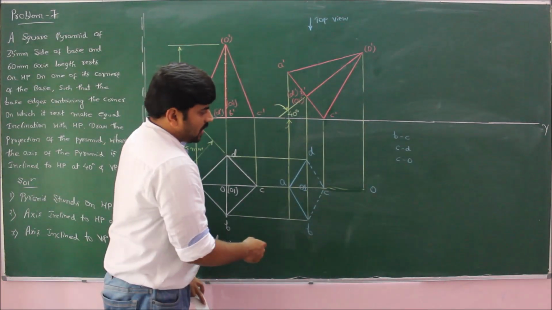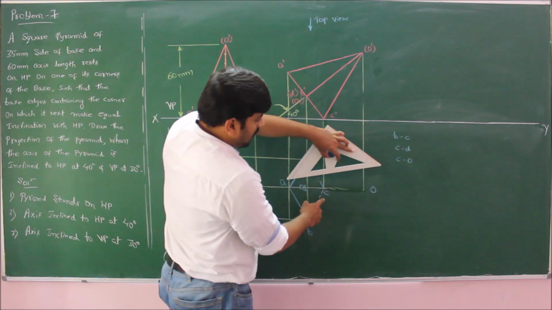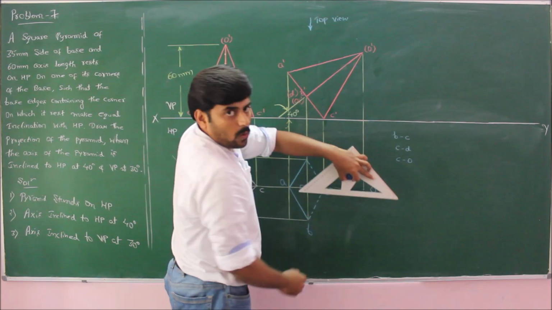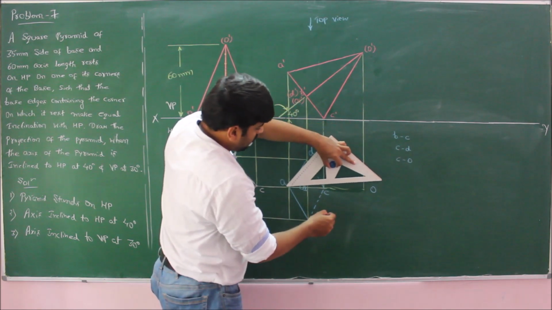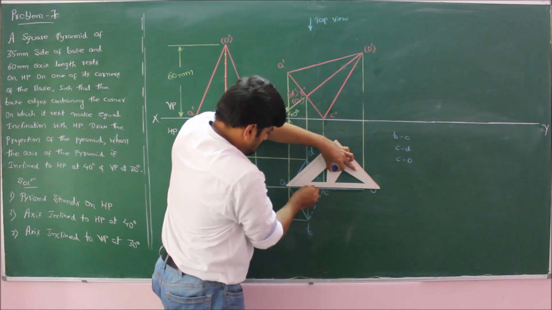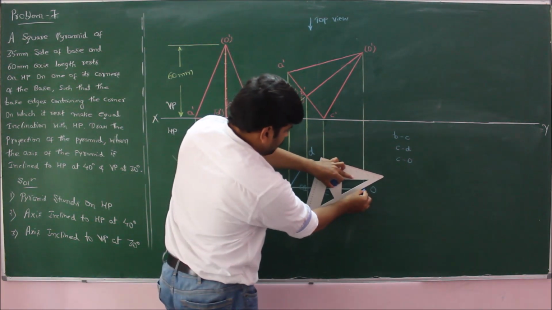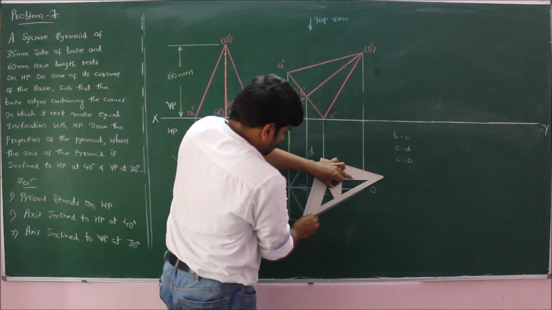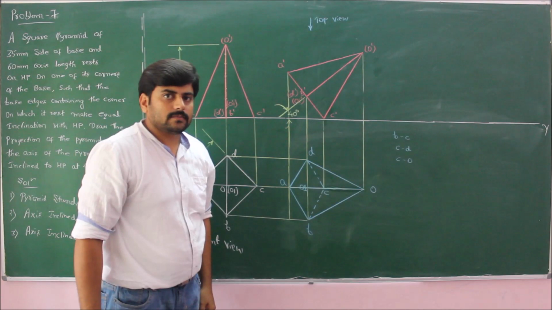Now, joining the slant edges, A to O will overlap on the invisible edge CO. Therefore, give preference for visible edge, join AO. And finally you join B to O and D to O. This completes the top view in the second position.